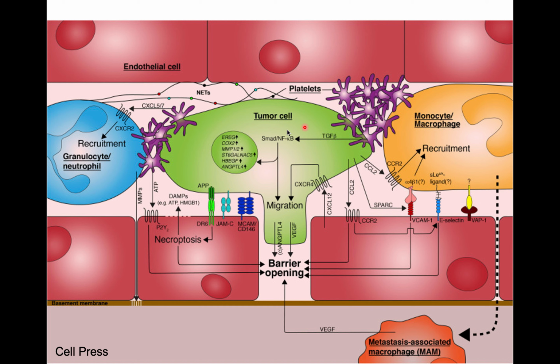So you've got interactions between the tumor cell and those platelets, between the cancer cell and immune cells that may be circulating, macrophages, neutrophils, between the cancer cell and these endothelial cells, right? So there's all kinds of signaling molecules and signaling pathways that would be activated by these various interactions.